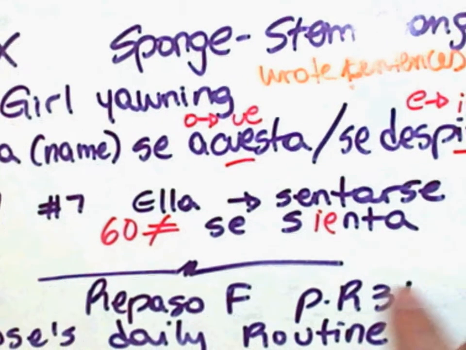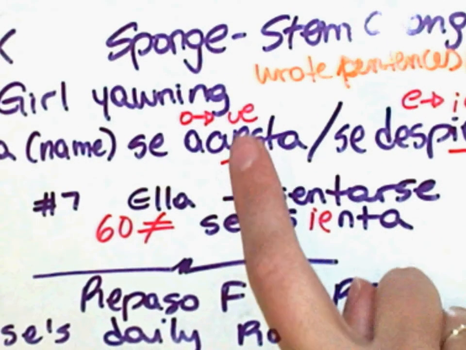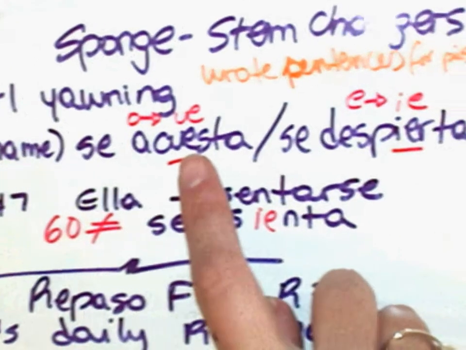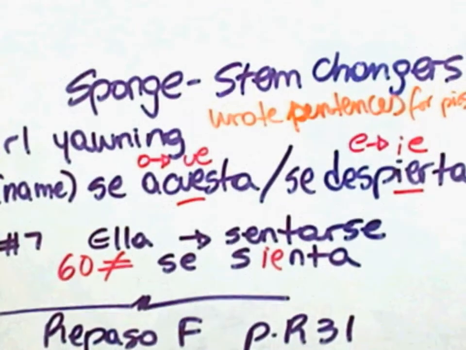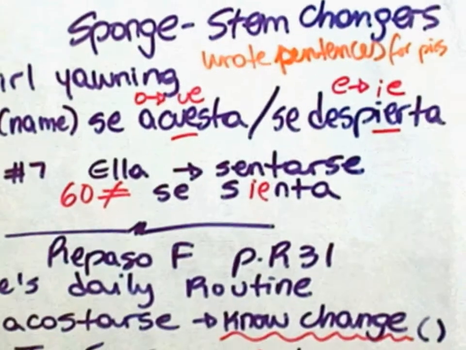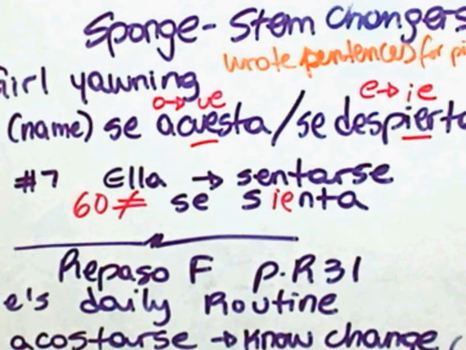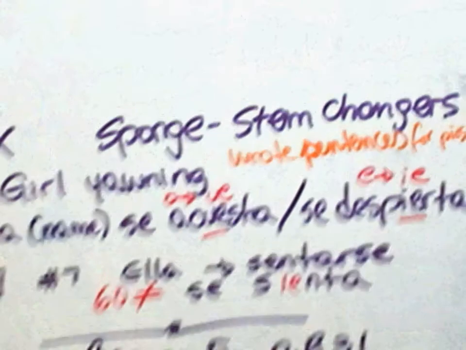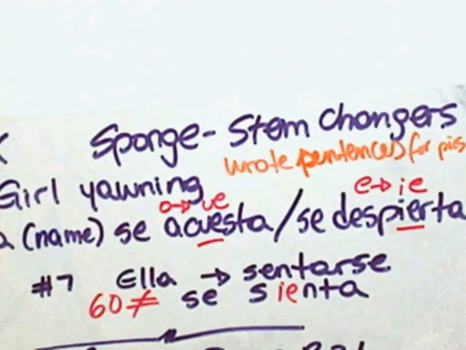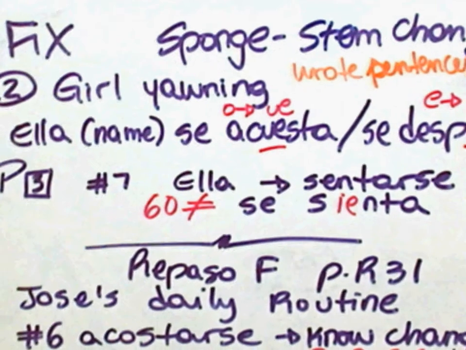So for that one, I want you to make sure that you fix it. It's an O to UE change if she's going to bed, or it's an E to IE change if she's waking up. That's on your sponge. So just make sure you have these stem changes correct there so that when you go back and look at this for reference, then you don't have to have something incorrect to look at.